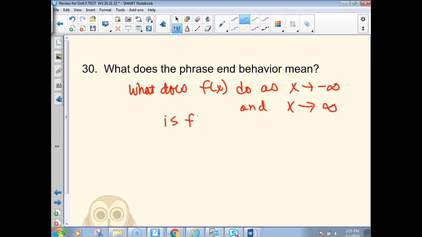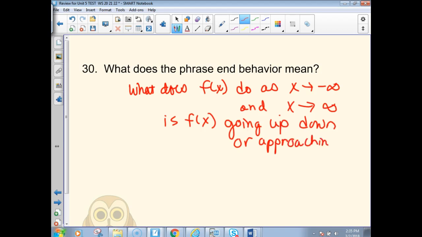Is f of x going up or down? Up, down, or approaching a value, like when we get an asymptote.